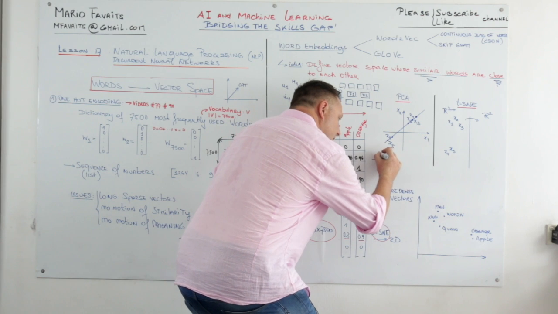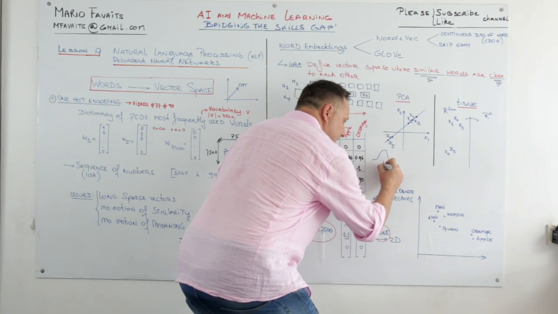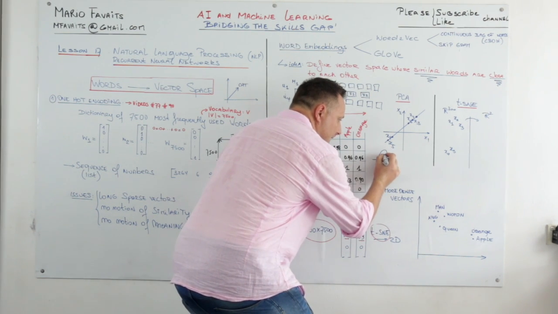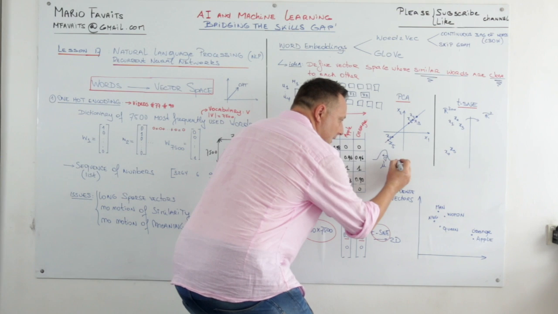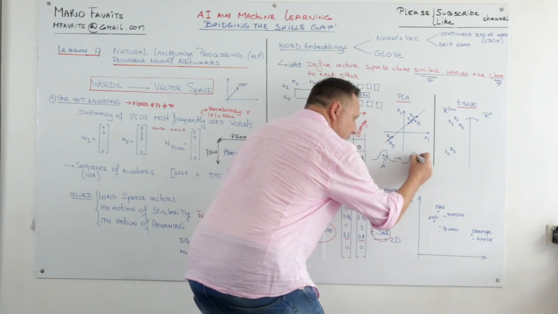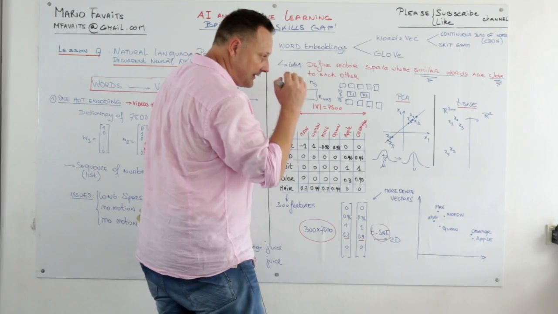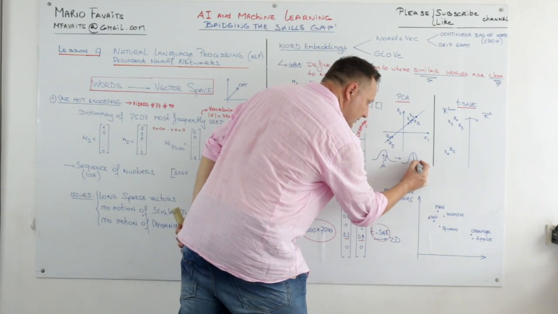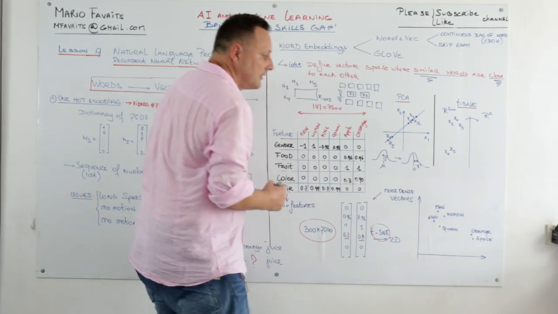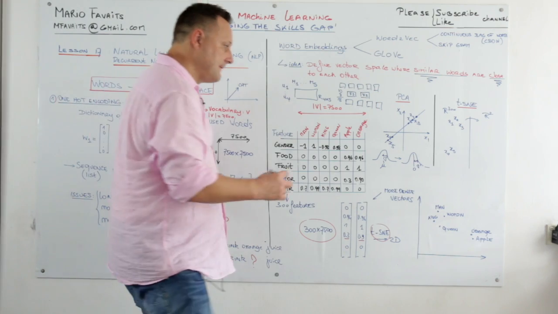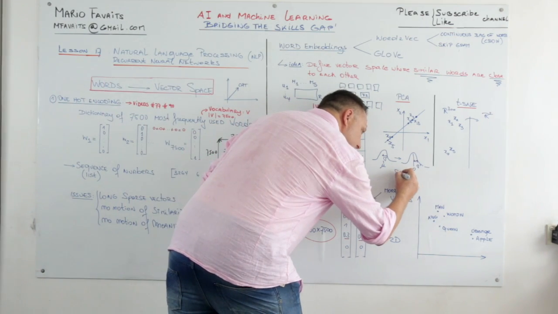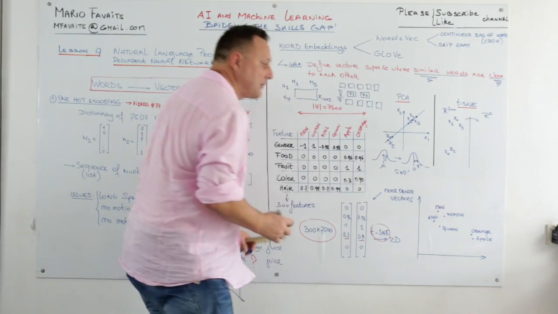So you have a distribution with a mean mu and a standard deviation sigma. What PCA will do is center the data around 0, and try to preserve the variance. So sigma should be roughly the same as sigma prime.